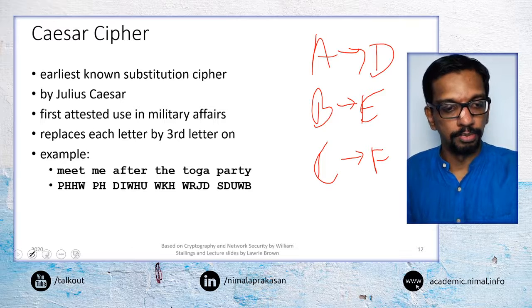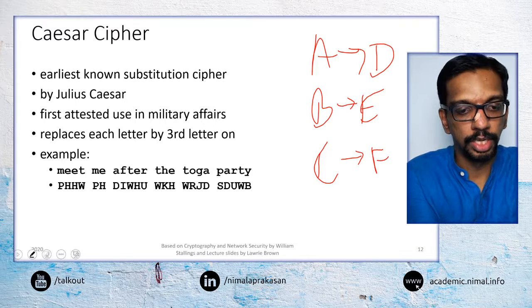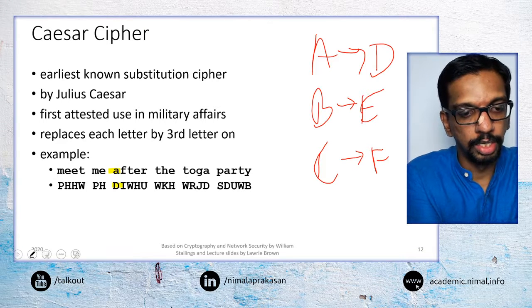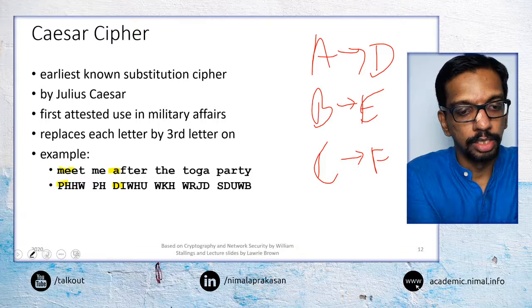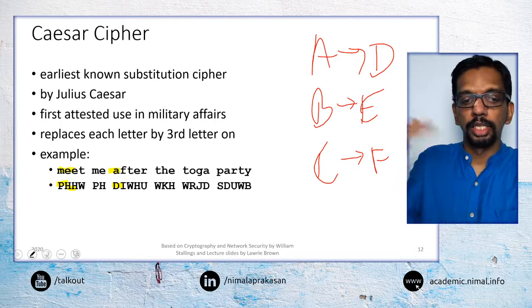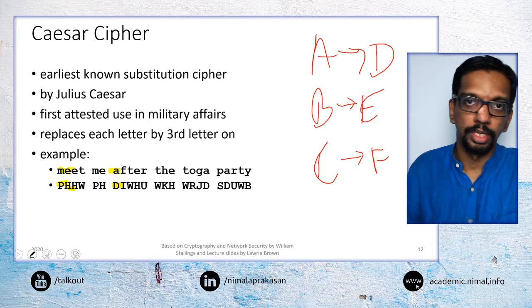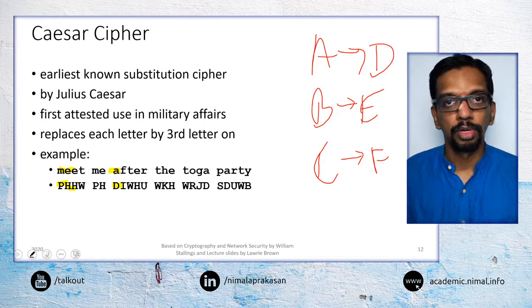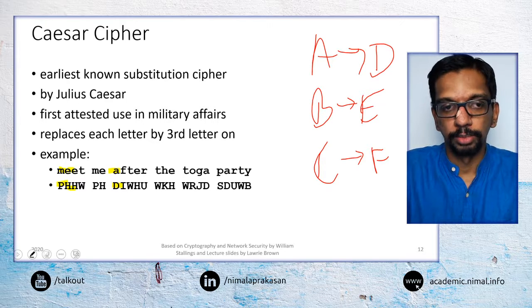If you see the example here, A is replaced by D. Similarly, M, N, O, P, E is with H. Likewise, each of these letters is replaced by the letter 3 places after it in the alphabet. So it's a very simple way of substituting as an algorithm.